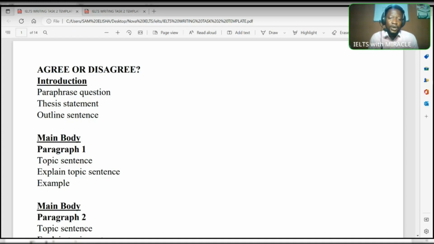When the question asks you if the advantages outweigh the disadvantages, then it is also argumentative.